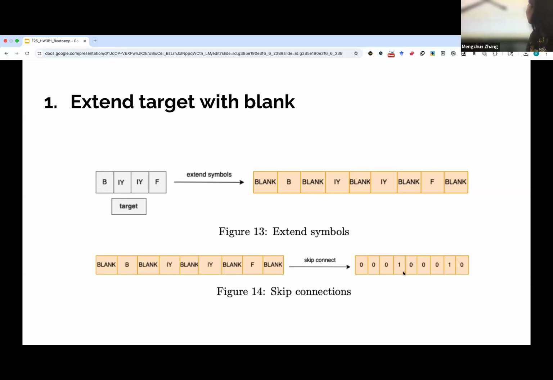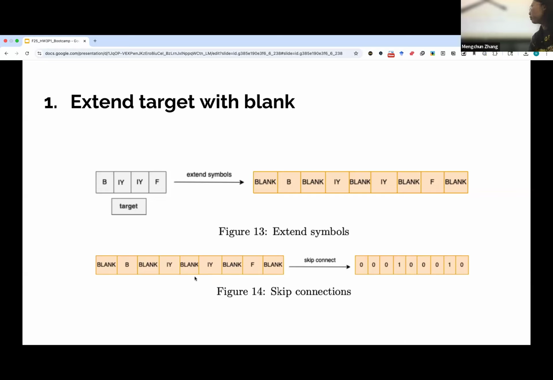For example, this one is at the fourth position, which corresponds to this E in the extended sequence. So that means the blank before this E can be skipped, and your model can move from this B directly to this E without the blank. It is the same for the eighth position. That means the blank before this F can be skipped, so the model can move from this E directly to this F without the blank.